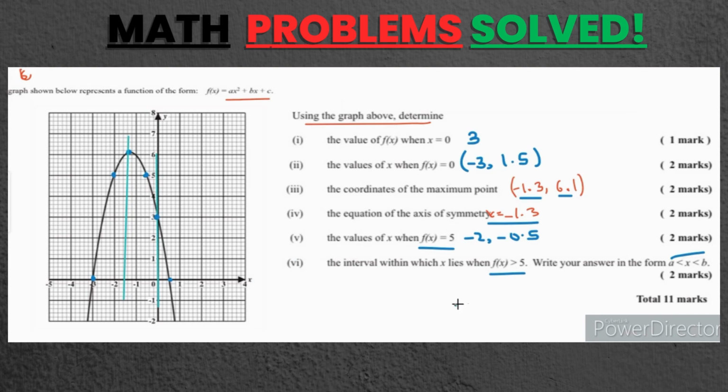So it will be negative 2 less than x less than negative 0.5, because here at this point f(x) is greater than 5, so the interval is negative 2 to negative 0.5.